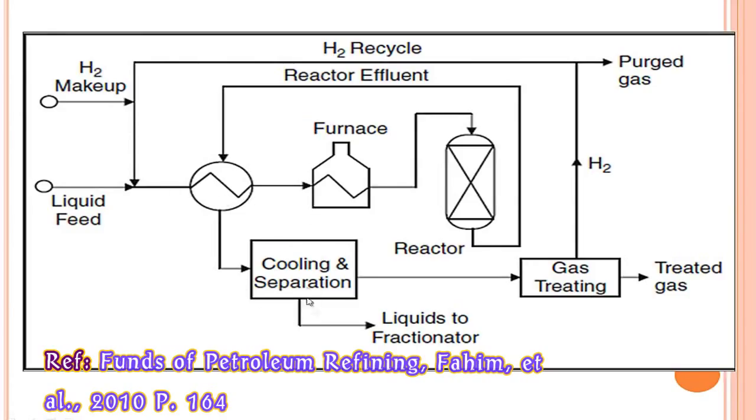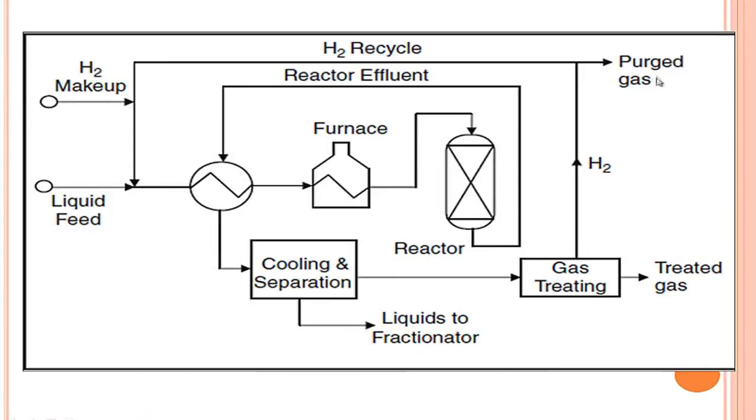The liquid effluent of the reactor is introduced into a distillation column for the separation of different product ranges. We do have to consider how much hydrogen has to be made up, and also how much hydrogen or some small hydrocarbon molecules need to be purged out.